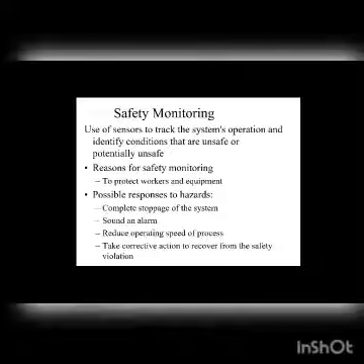If safety monitoring is done, then complete stoppage of the system can be done before any failure occurs. Then an alarm can be made to sound if there is any issue. Reduce operating speed of the process, take corrective action to recover from the safety violation.